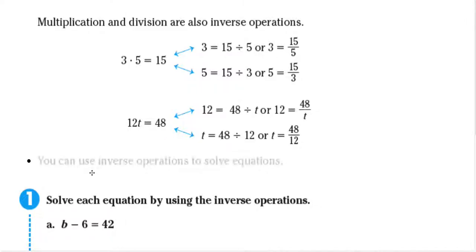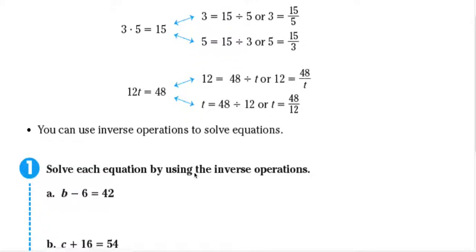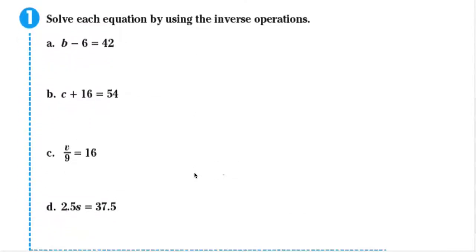Now, knowing this for addition, multiplication and division, you can use inverse operations to solve equations. Take a look at these examples. In example 1, you have b minus 6 equals 42. Using inverse operations, we can write b equals 42 plus 6.